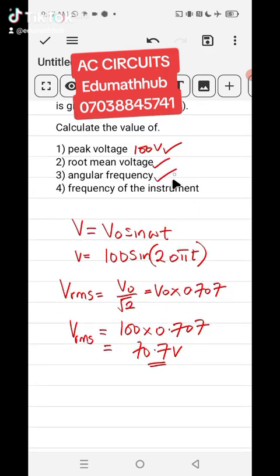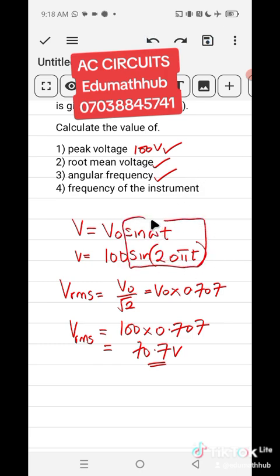This one now, angular frequency. The angular frequency is this value here, omega. They want us to find omega. If we compare these two, this sine is this sine, this omega here is standing as 20 pi, and this t is this t. So the angular frequency, that is omega, is just 20 pi.